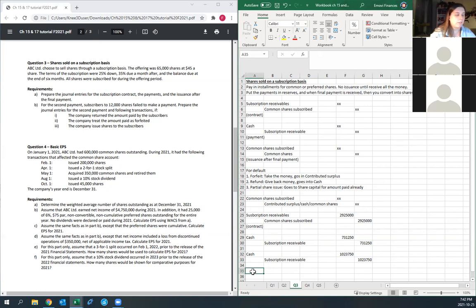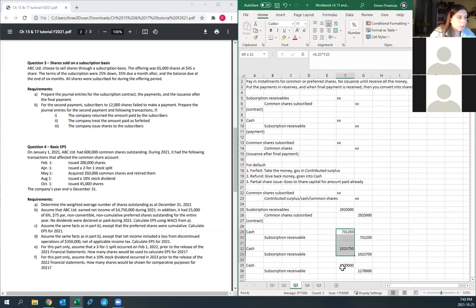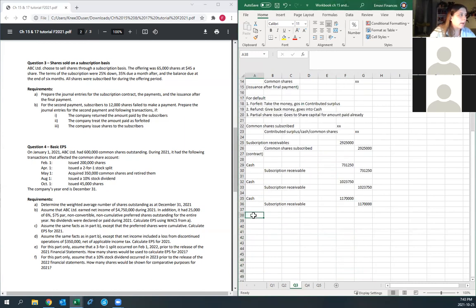And then the final payment is going to be, what's 35 plus 25, it's 60%. So it's 40% for the final payment. And then if I sum all of these, it should equal the same thing. All right, that works.